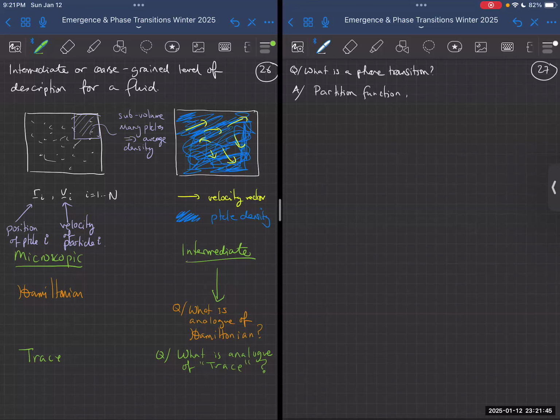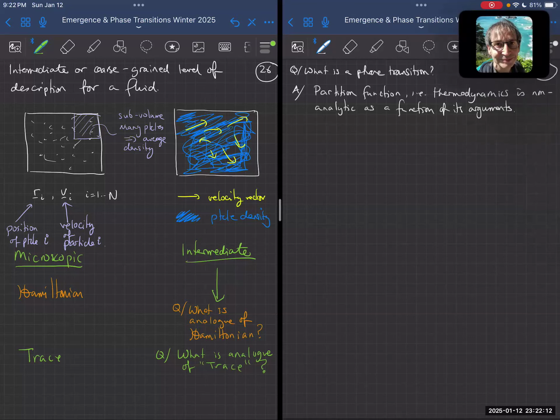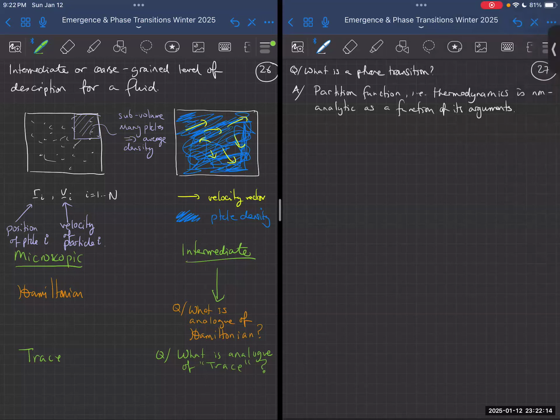So the partition function, i.e. the thermodynamics, is non-analytic as a function of its arguments. And that's what we mean by a phase transition.